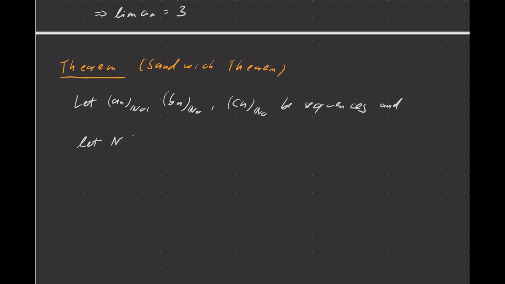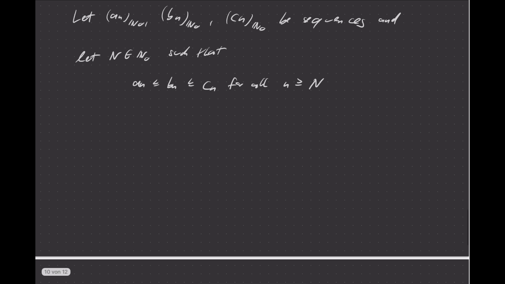So let N be a natural number, an index, such that an is less or equal to bn is less or equal to cn for all n that are at least capital N. So you could say bn is sandwiched between an and cn.